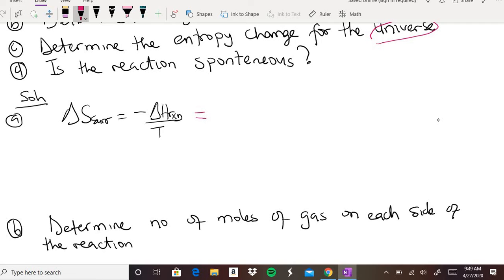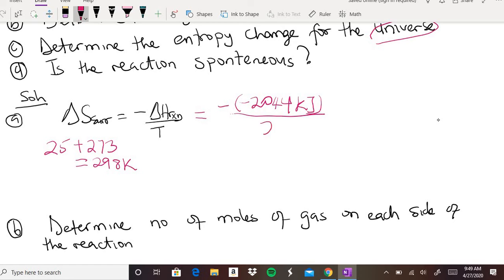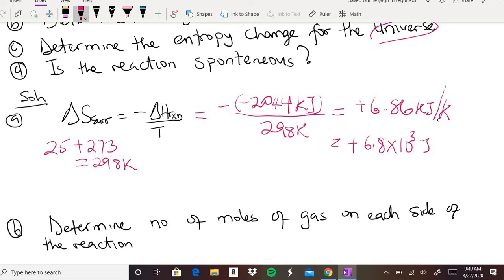So in this case, we're going to have negative of negative 2044 kilojoule over our T. We know our T is 25 degrees C. We're going to convert it to Kelvin, so that gives us 298 K. So we plug that in here as 298 K. This is going to give us positive 6.86 kilojoule per Kelvin, or we can say positive 6.8 times 10 to the 3 joules per K. So that is the delta S for the surrounding.